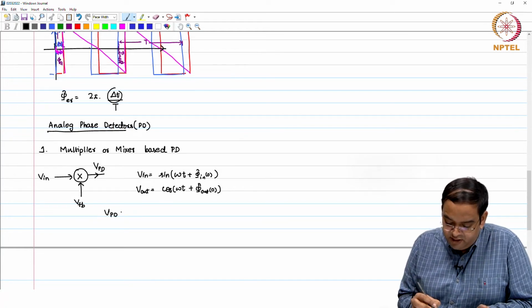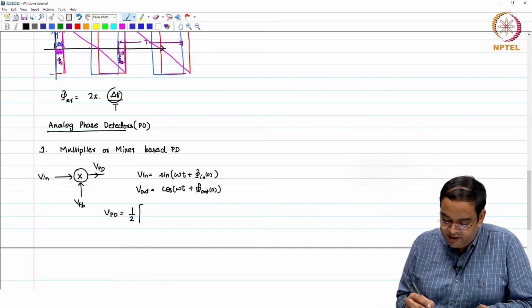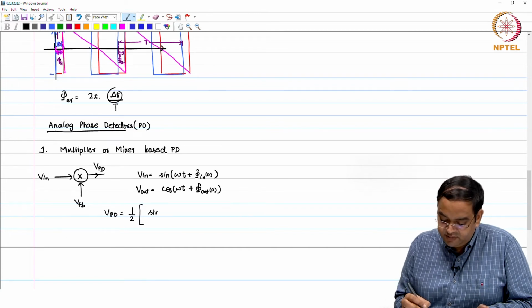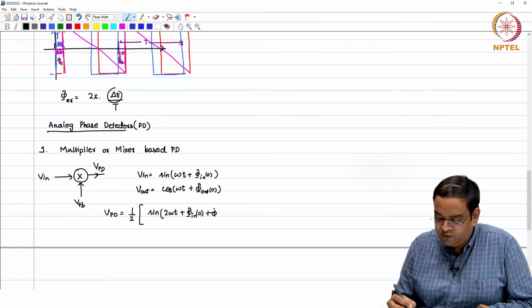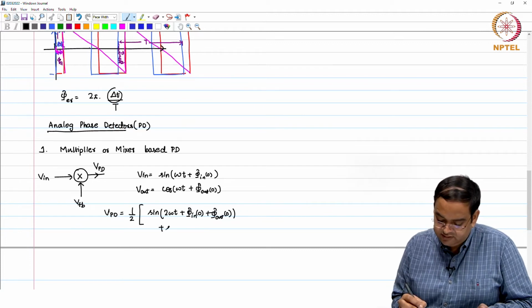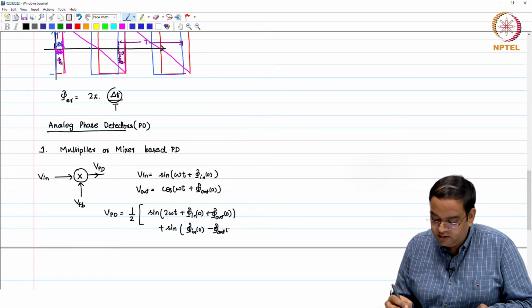So, VPD, now I can write it directly because we have seen this many times: sine of 2 omega t plus phi in 0 plus phi out 0, plus sine of phi in 0 minus phi out 0, right.